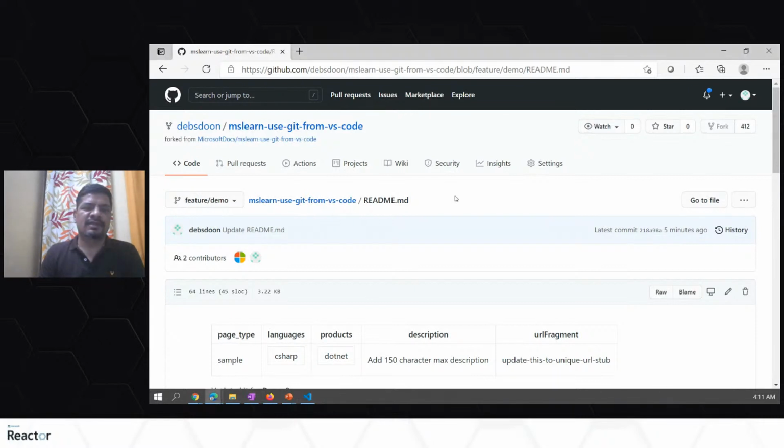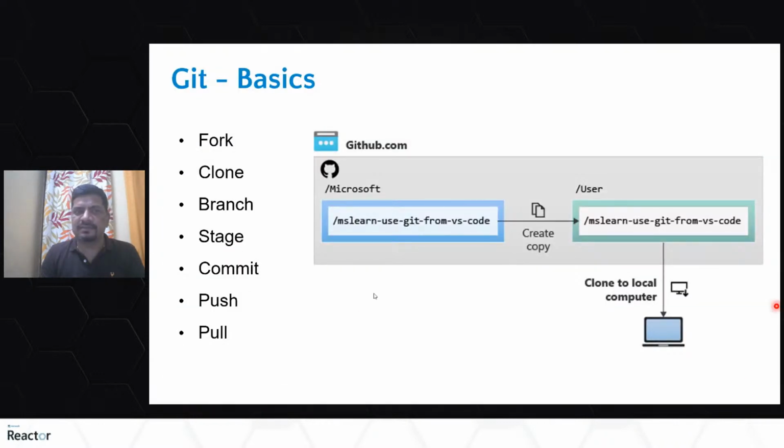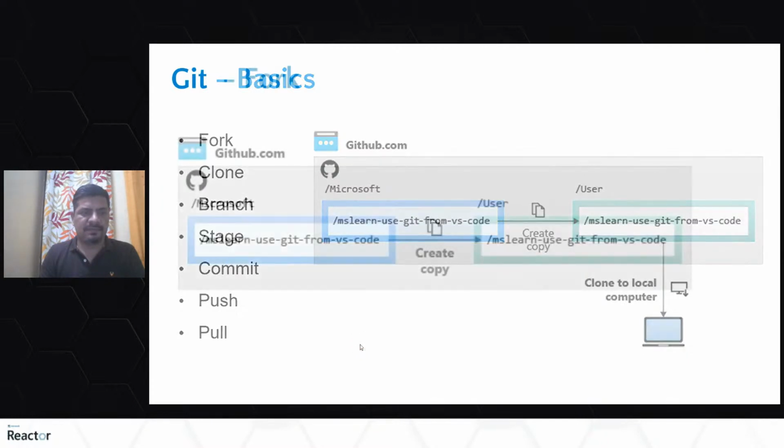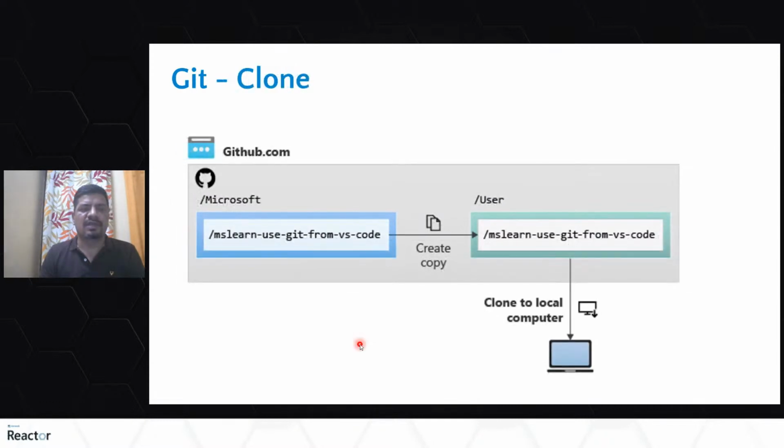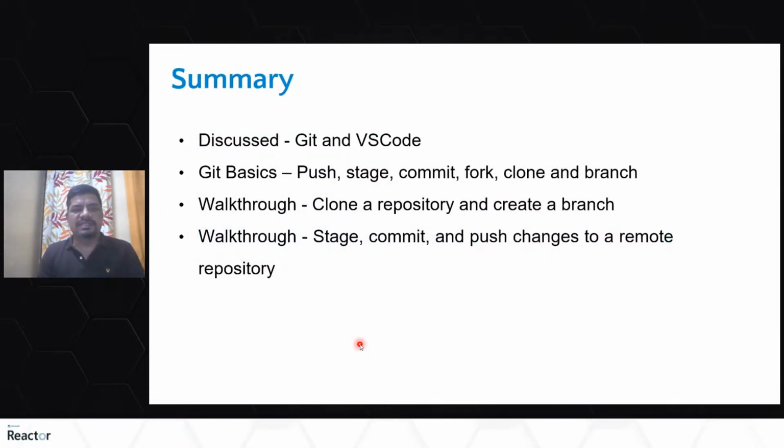Okay, right. I think we covered most of the things. Let me quickly summarize what we covered, and then I'll check if there is any query which we can discuss. We discussed what is Git, what are the basic commands which a developer uses, and what is Visual Studio Code.